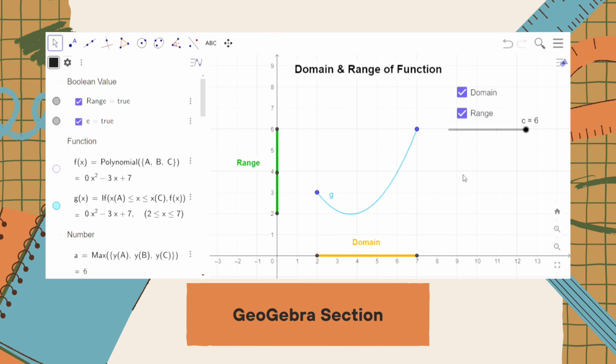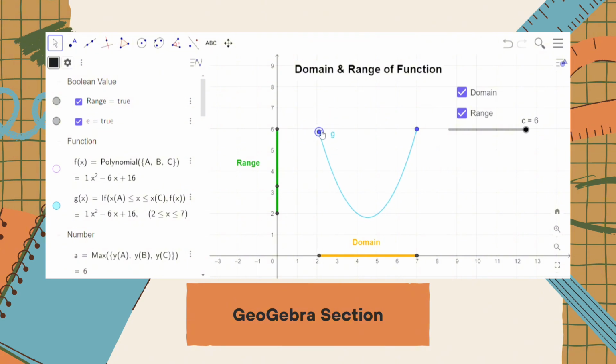Okay, so if we move the graph, we change the function so it becomes x squared minus 6x plus 15. So the range will still be the same, because we can see the low of the graph still touches 2 and the high of the graph still touches 6.